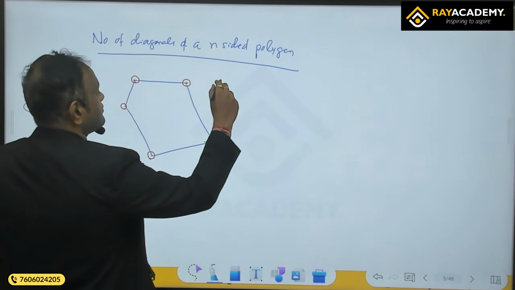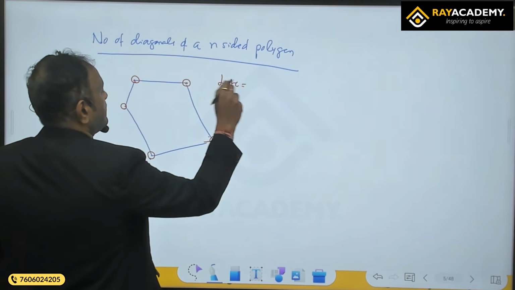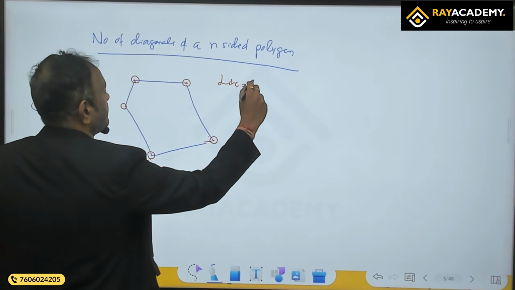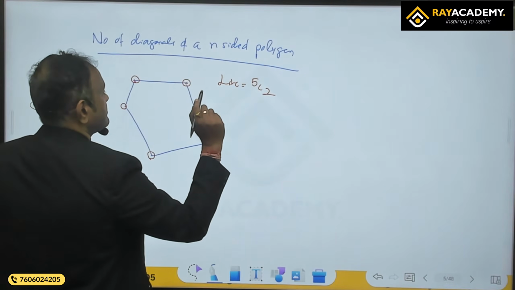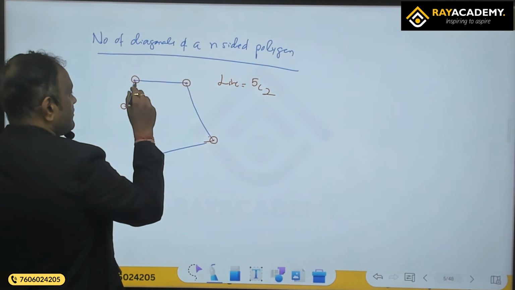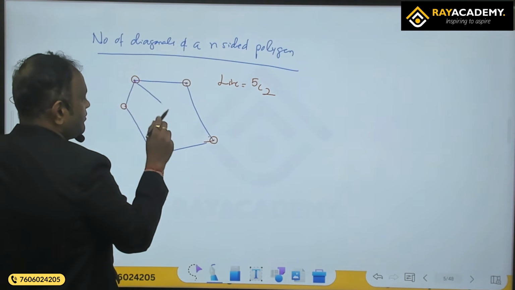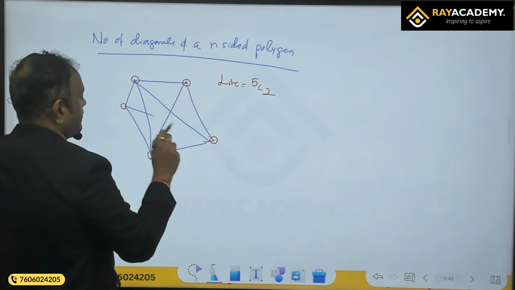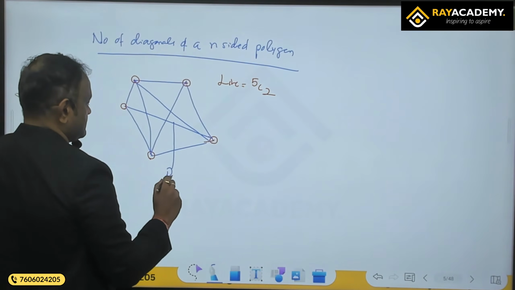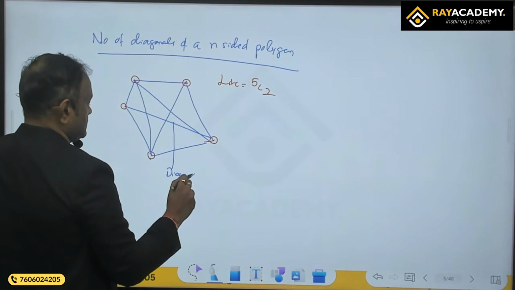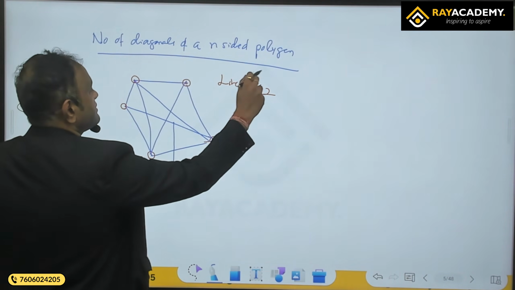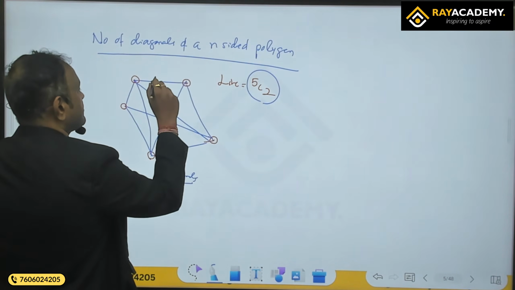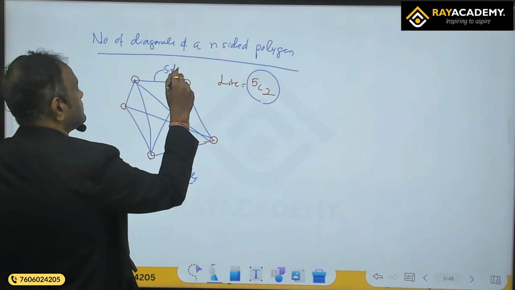So how many lines you can draw? If 5 points are there, that can be done in 5C2 ways. But out of that, this one is a polygon diagonal. These are polygon diagonals. These are polygon diagonals. And these are sides.